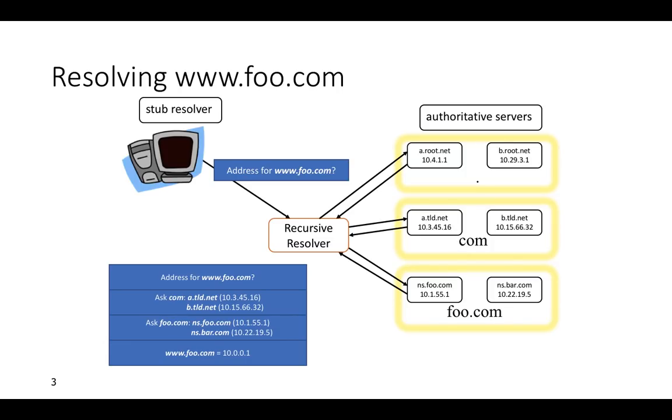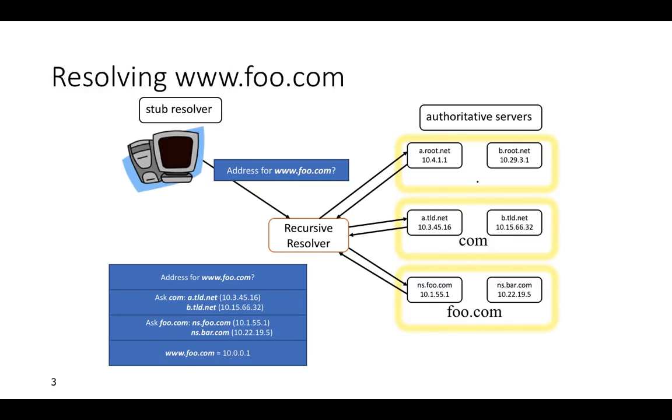Now, because it's asking for www.foo.com, and there is no further administrative delegation, the namespace has not further been delegated for www, the foo.com server can in fact answer. It knows the answer for www.foo.com, and the answer is, in this case, an IP address 10.0.0.1.